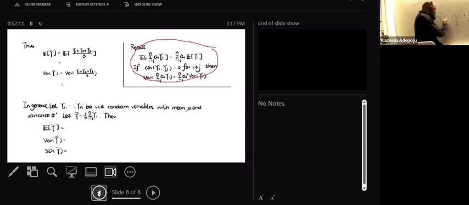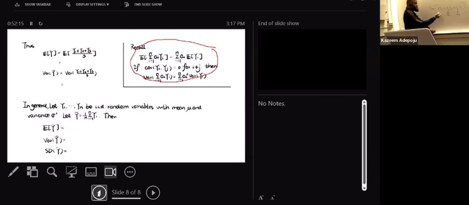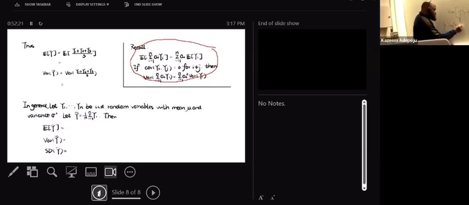And because they are common, I can bring it out. Okay, 1 over 3 squared variance of y1 plus y2 plus y3. Now, if I have that, then I'm going to have 1 over 9 variance of y1, variance of y2, variance of y3.